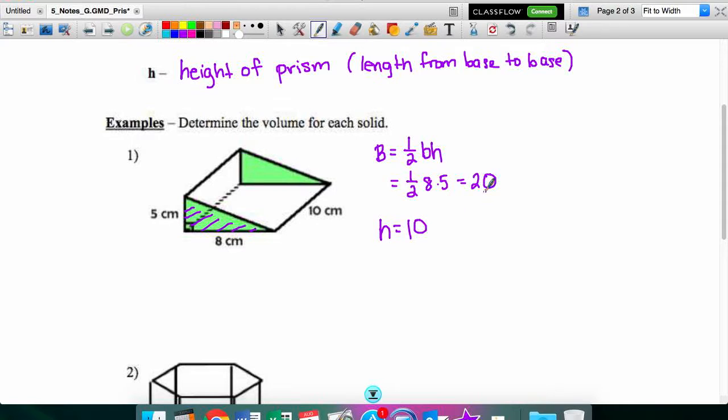So now we have our base area, we have our height, so we can find our volume using capital B times our height of our prism, or 20 times 10, giving us a final volume of 200. Now volume is actually a three-dimensional measurement, so its units will also be three-dimensional. So our answer would be centimeters cubed. Final answer, 200 centimeters cubed.